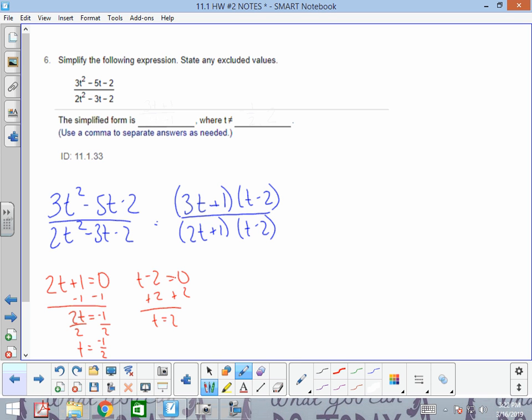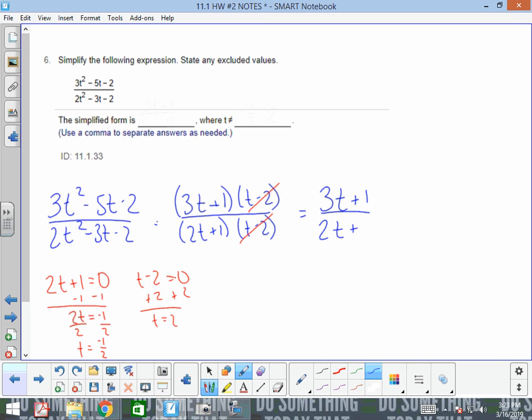Sometimes it helps to go ahead and find the exclusions before you actually start canceling. T minus 2's cancel, so I'm left with 3t plus 1 in the numerator, 2t plus 1 in the denominator. So the simplified form is 3t plus 1 over 2t plus 1, and the exclusions are -1/2 and +2.